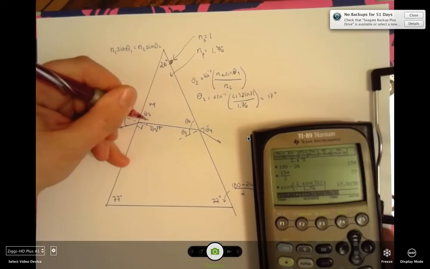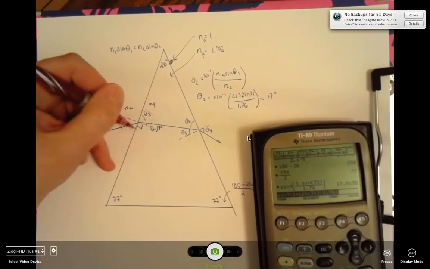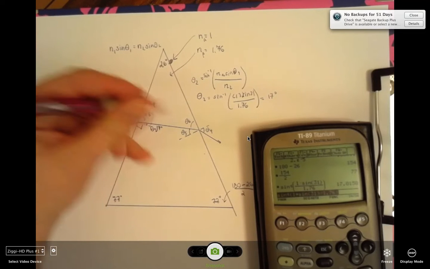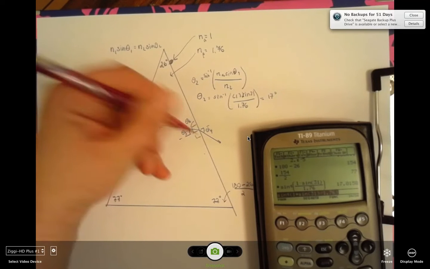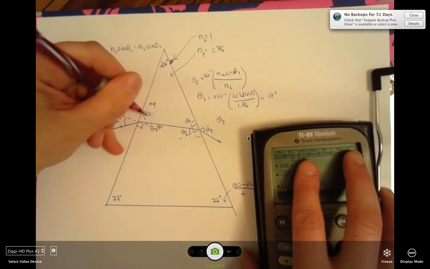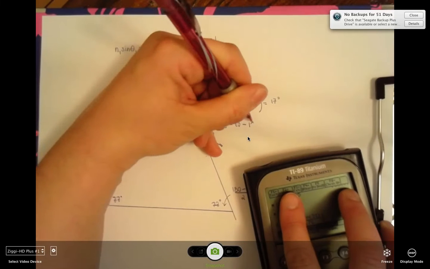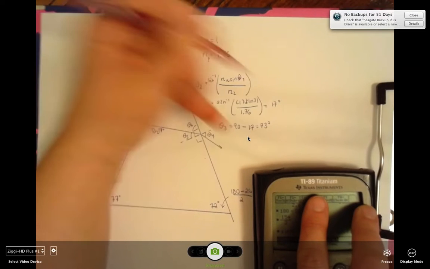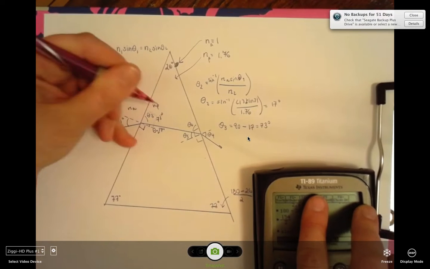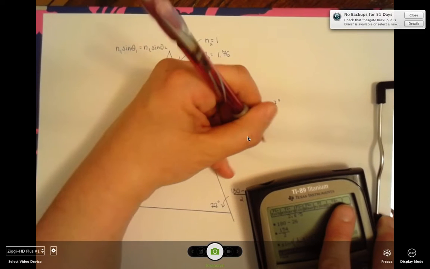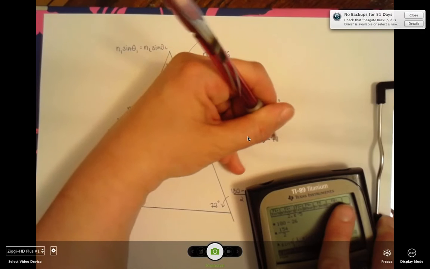This is the right angle, and this whole thing here is a right angle. What we need to do is find theta 5 over here. The easiest way to do it is by recognizing where the right angles are. All right, so theta 3, which I drew in this corner, is going to be 90 degrees minus 17, which should be, what, 73 degrees? Yeah, so this angle is 73 degrees. So theta 6 is going to be 180 minus 26 minus 73.